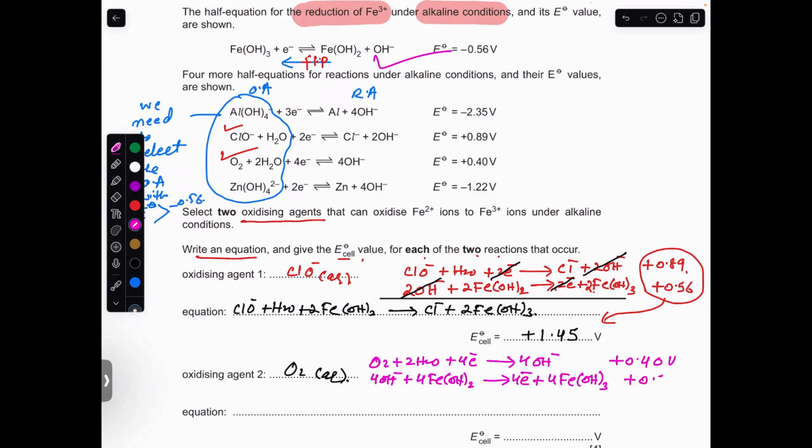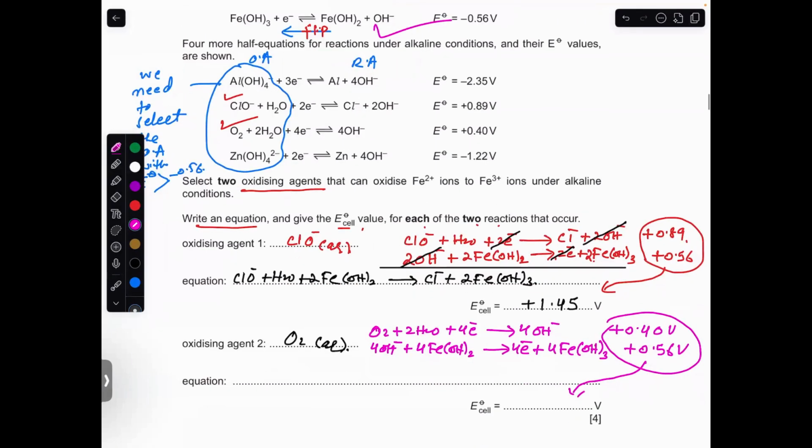This is flipped, sign changed. The sum is the E cell. The E cell is how much? I think it is 0.96. Yes, that is the potential difference of the two half cells.